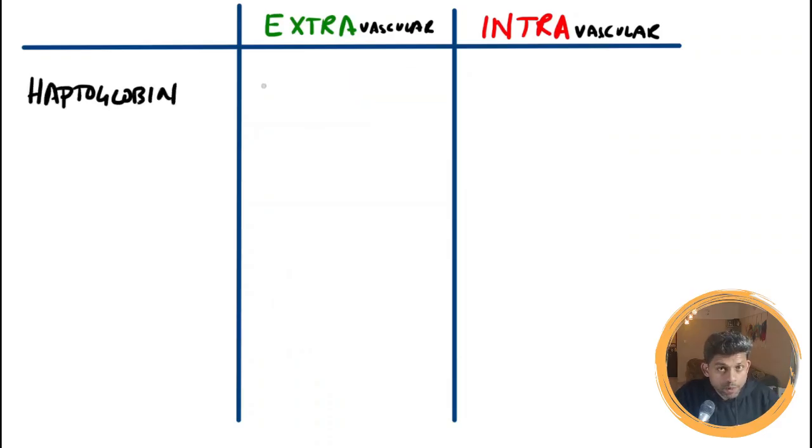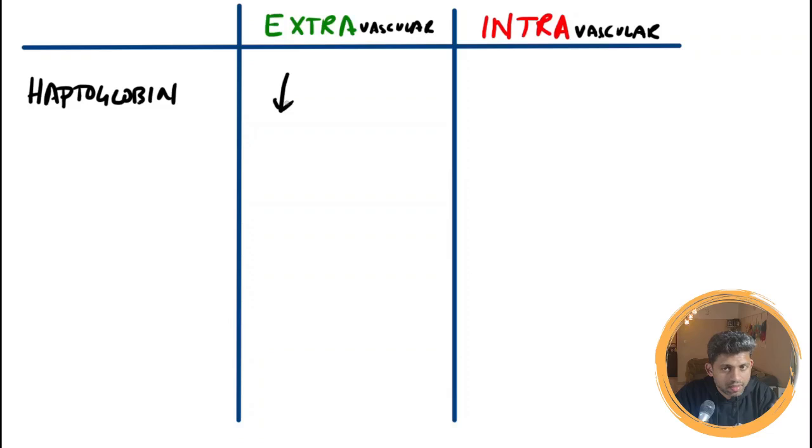Now let's look at haptoglobin levels. Since in extravascular hemolysis only a little bit of hemoglobin is released into the circulation and haptoglobin attaches to only a small amount of this hemoglobin, the levels of haptoglobin reduces a little.